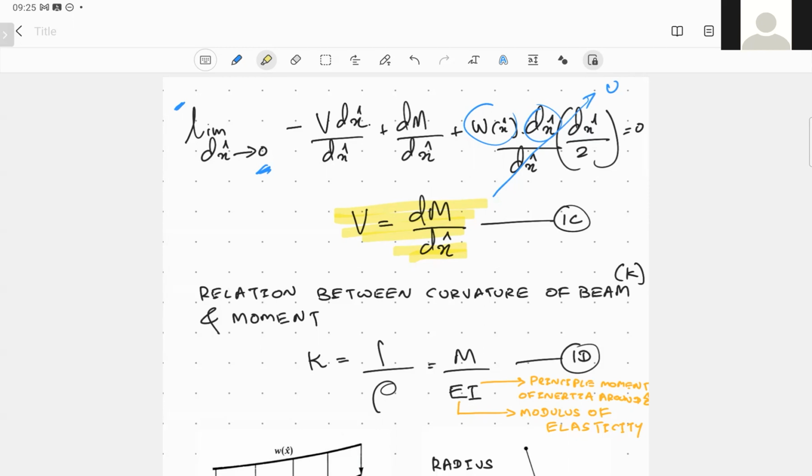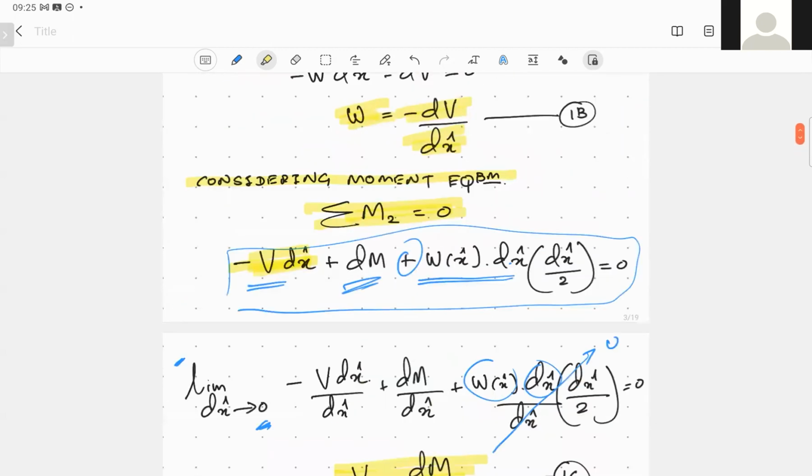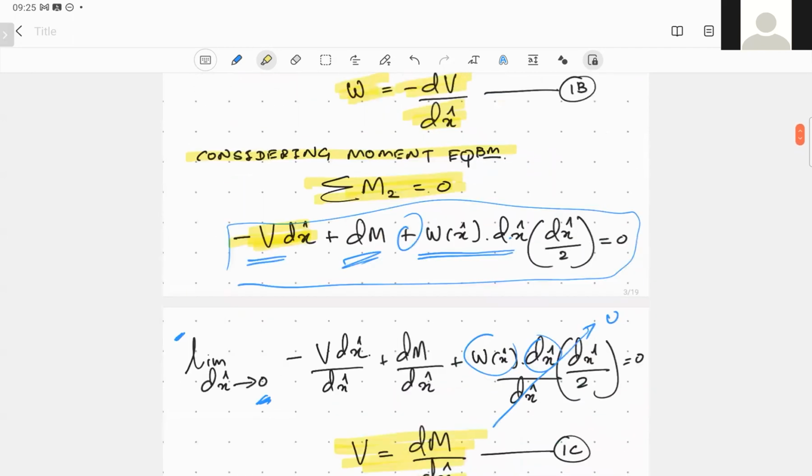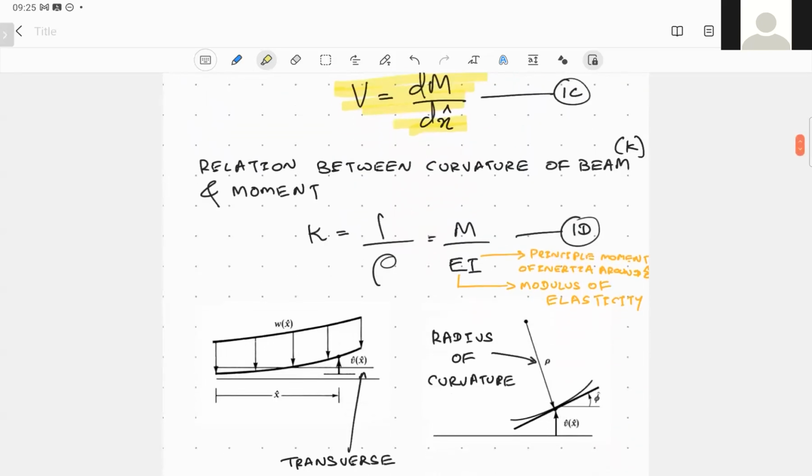Okay, having said that, we are now at a junction where we have already obtained a relationship for the distributed load in terms of the shear force acting along the bar, as well as the relationship between the shear force and bending moment. Now, let's consider the deformation which takes place in this bar.